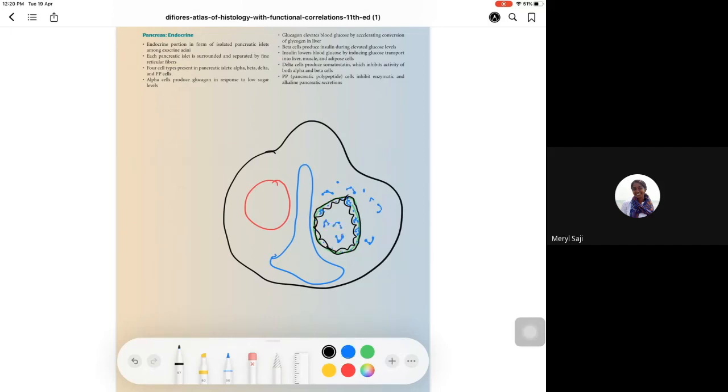Seeing neutrophils in the portal triad is not cholangitis. To call it cholangitis, you have to see the inflammatory cells either attacking the biliary epithelium or inside the biliary lumen. Here I have drawn neutrophils. That means it may be some bacterial infection.